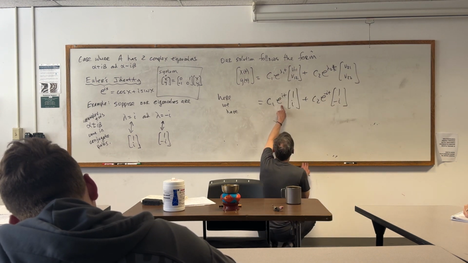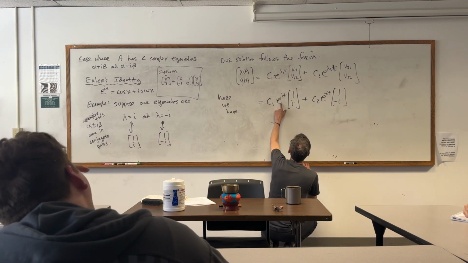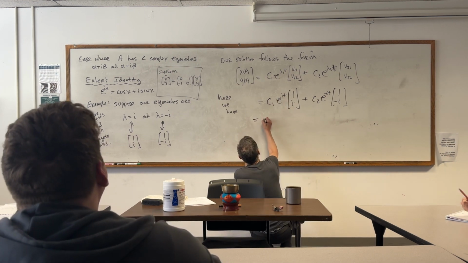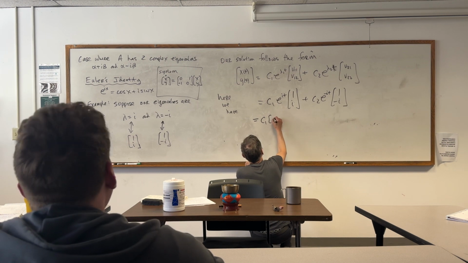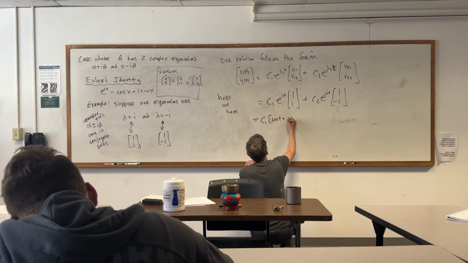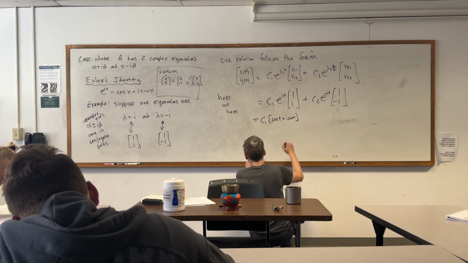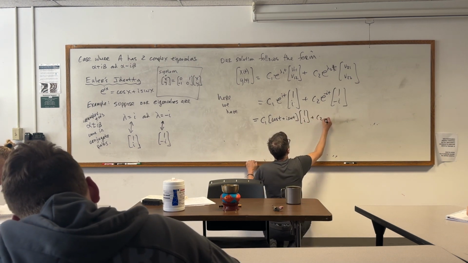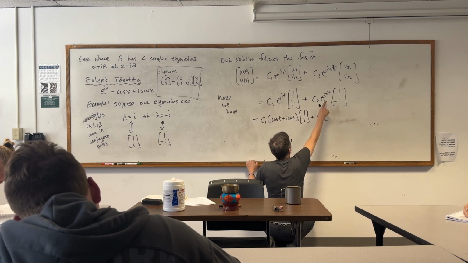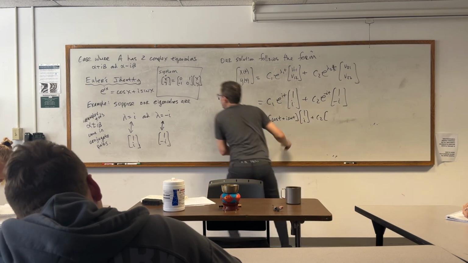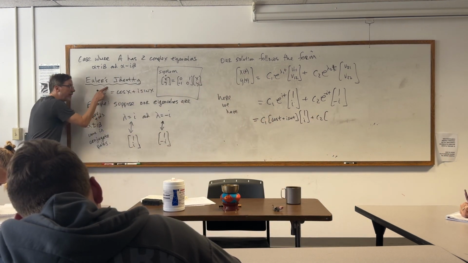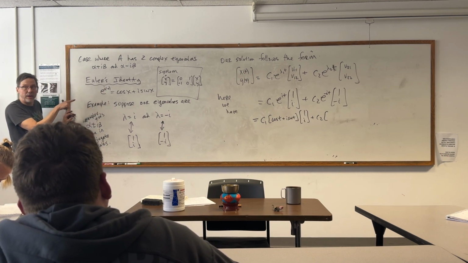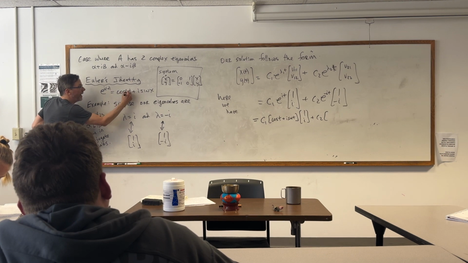So we're going to replace these exponentials with Euler's formula. So this is c1 times (cos t plus i sine t) times this vector (1, i), plus c2. Now, when you replace t with negative t, or x with negative x, it propagates inside like this.